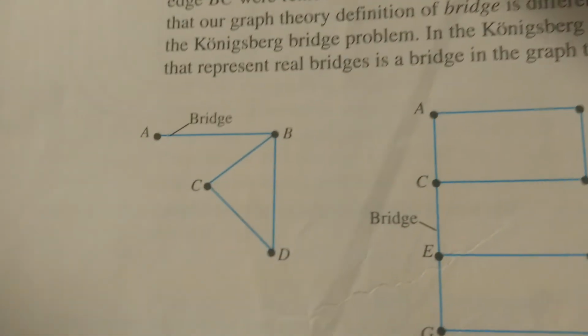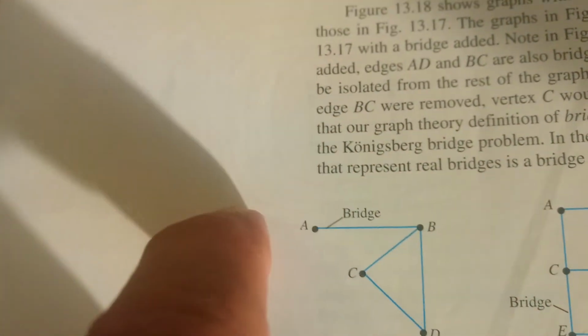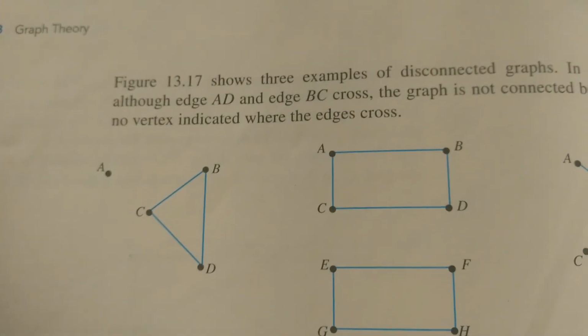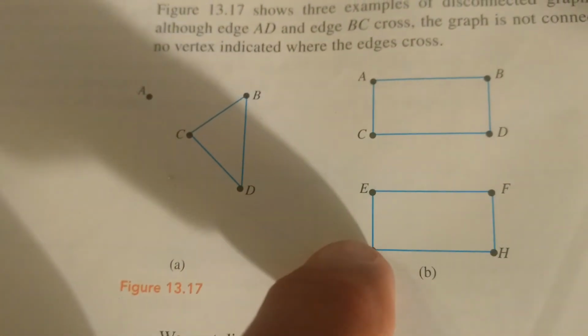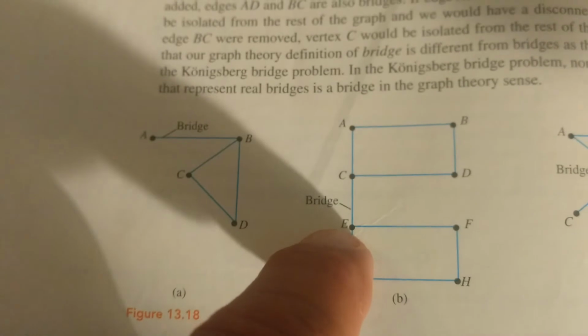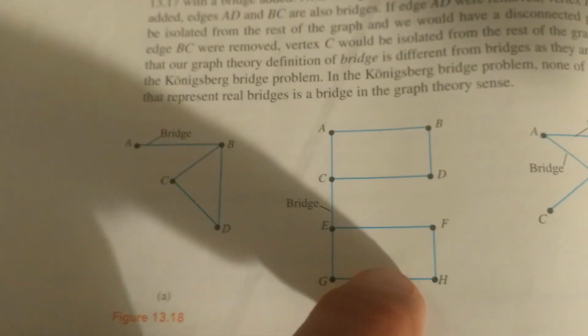So we come down here, if we now connect, here's this same diagram here. If we now connect A to B, we have a bridge and the graph is considered to be connected. If we come over here, we could either draw a line from C to E or D to F. Either way, this is considered to be a bridge and we still have connection because this side is connected to this side.